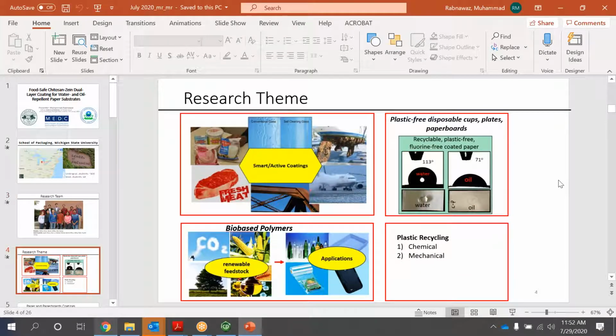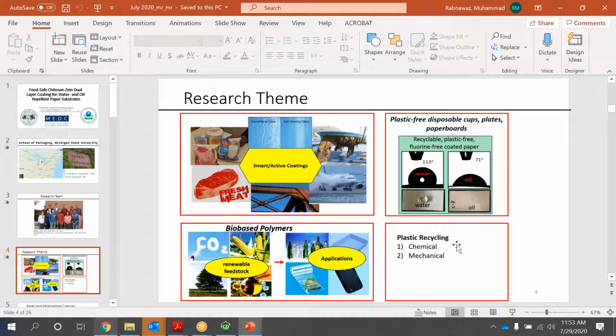We work on multiple areas, including smart coatings and active coatings for a variety of applications. We work on bio-based polymers as well, preparing materials and polymers from nature.